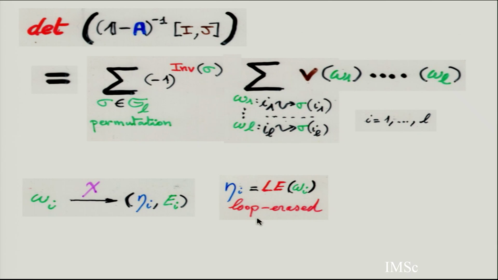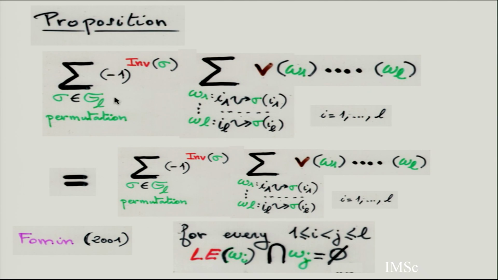It's a loop erase. This is very well known. A loop erased random walk. We have seen this when I showed you Wilson's algorithm to draw a random spanning tree on a graph. And so Fomin's theorem tells you that this summation is equal to this summation. So what is the difference?